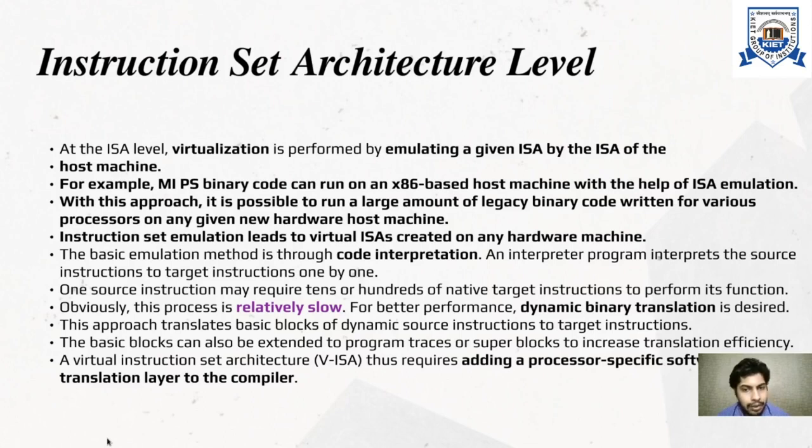This is also a very slow process because one source instruction may require tens to hundreds of native target instructions to perform its function. It means in order to translate one source instruction, 10 to 100 native instructions would be used just to perform that functionality.